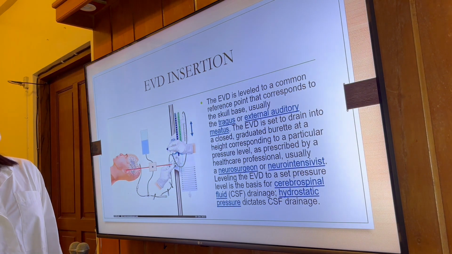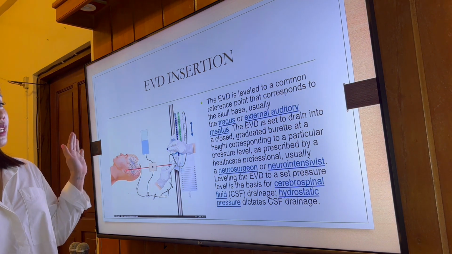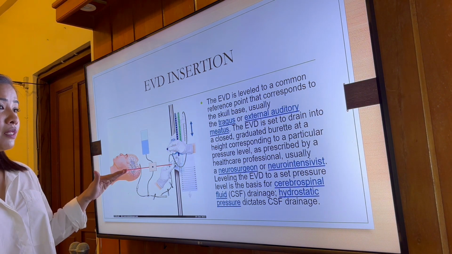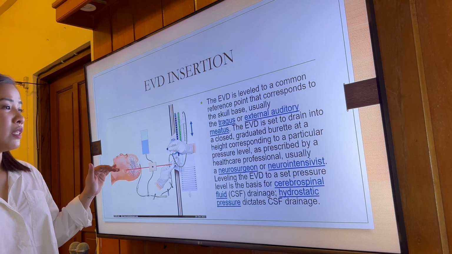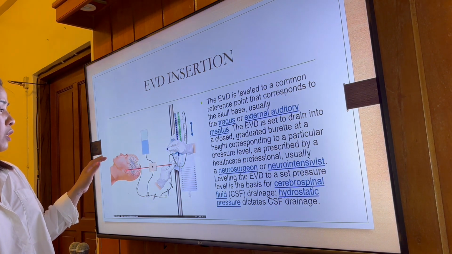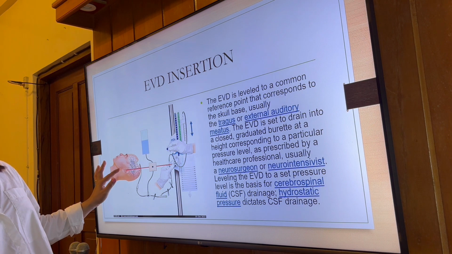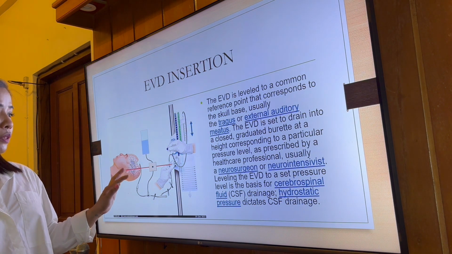So, EVD leveling. The EVD is leveled to a common reference point that corresponds to the skull base, usually the tragus or the external auditory meatus.